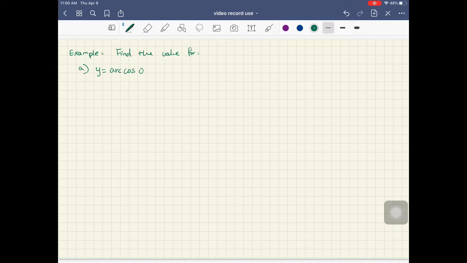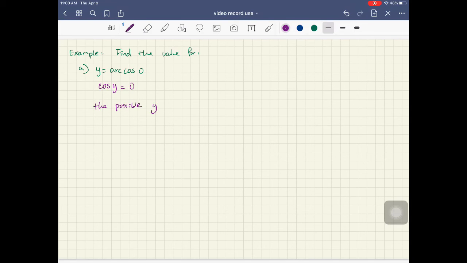By the definition, I can rewrite it as cosine of y equals 0. That tells me y has a reference angle of pi over 2. Pi over 2 is actually on the y-axis, so I cannot really say which quadrant it is.